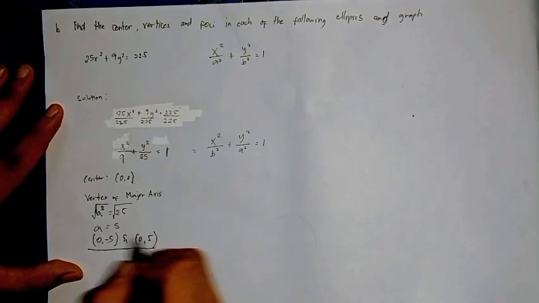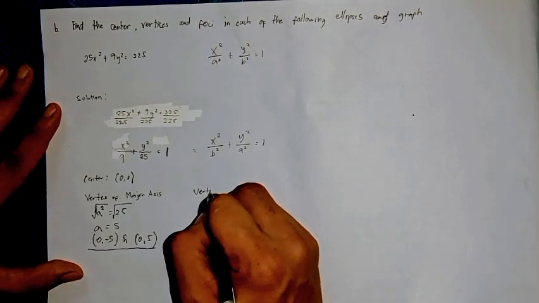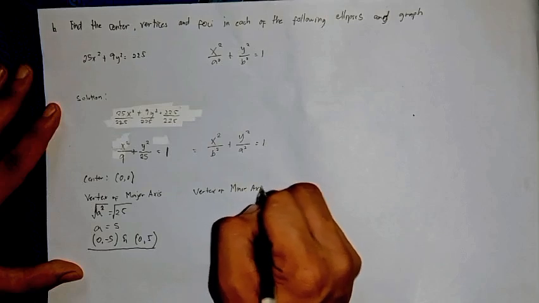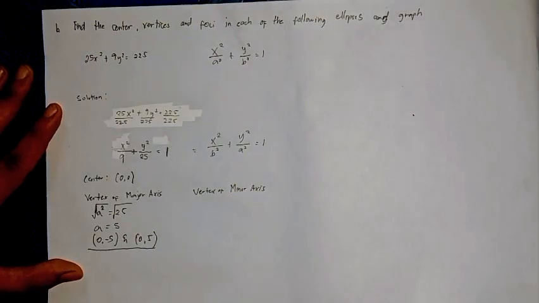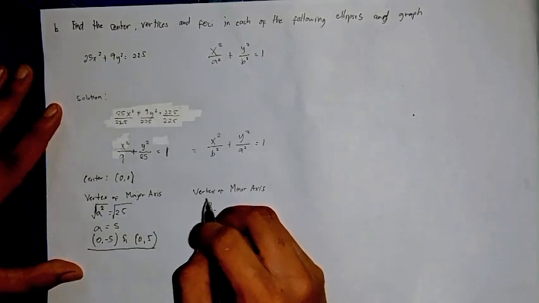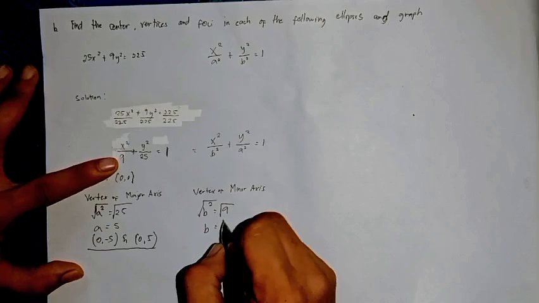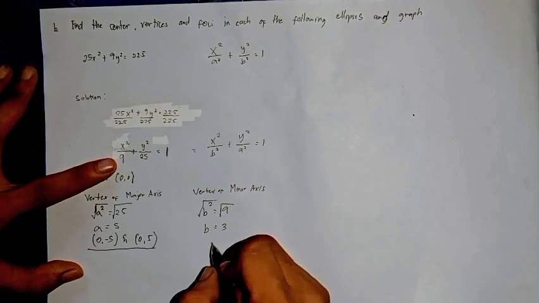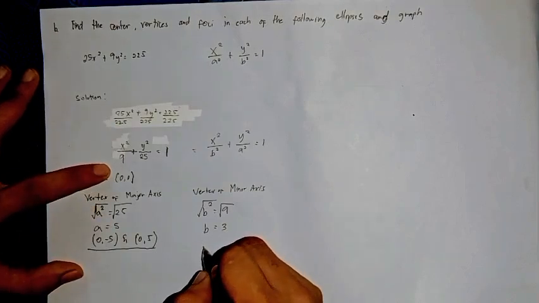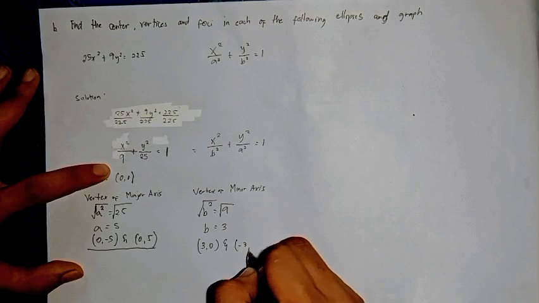These are the vertices of the major axis. And for the vertices of our minor axis, since the minor axis is denoted as b, b squared is equal to 9. B is equal to the square root of 9, we have 3. Since our minor axis is on the x-axis, 3, 0, and negative 3, 0.